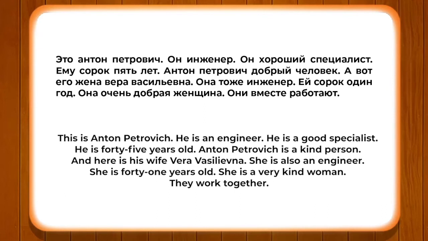А вот его жена Вера Васильевна, and this is his wife. As we already know, for husband we use муж, and for wife we use жена. So вот его жена Вера Васильевна. Vera Vasilievna is the name of the lady who is the wife of Anton Petrovich.